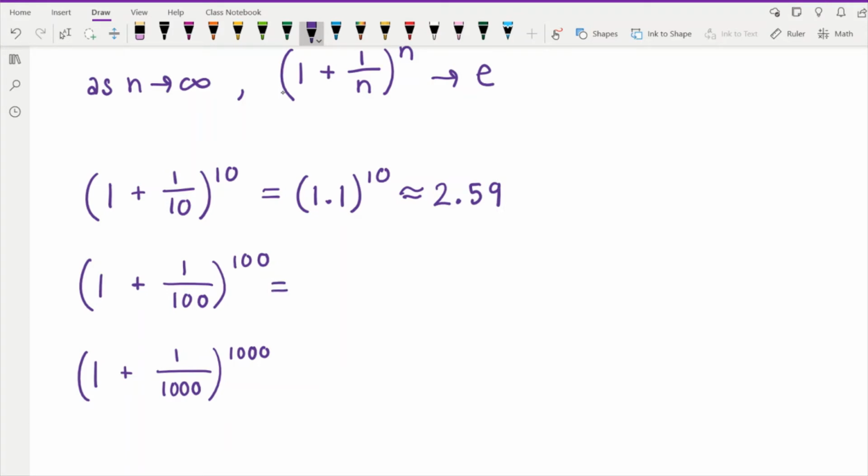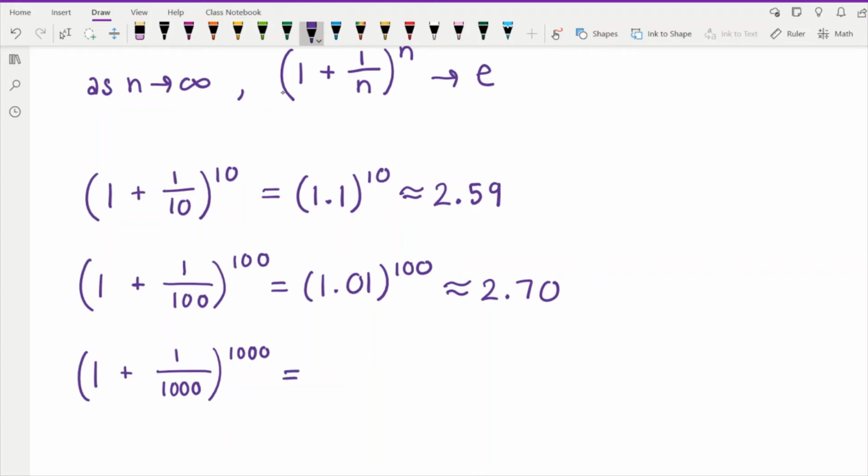Okay, so what about this next one? This next one would be 1.01 to the 100th. It's kind of interesting because now the number we're using as our base is even smaller, even closer to 1, but we're now multiplying it with itself a bunch more times. If you type this into a calculator, you'll find that this is approximately 2.70.